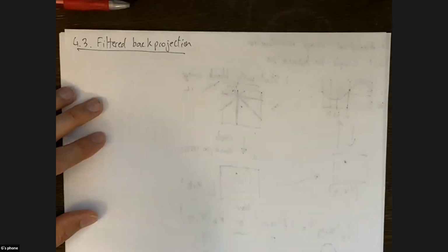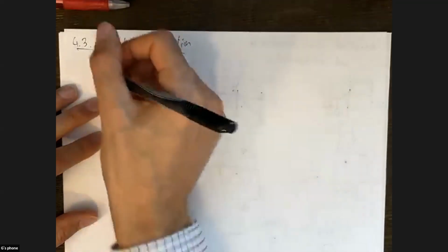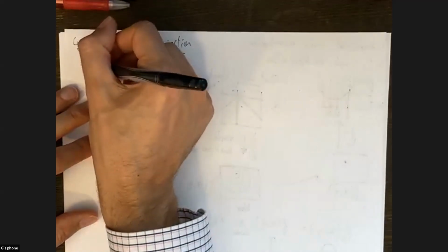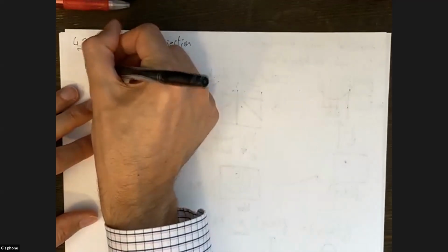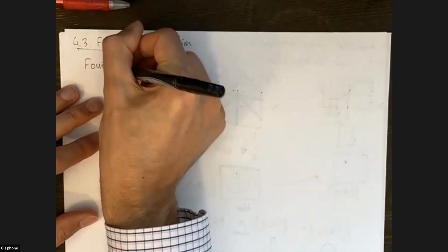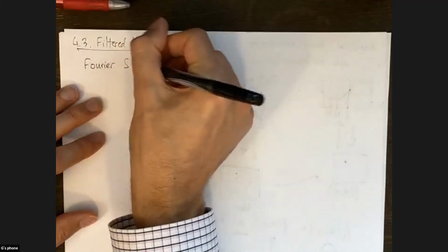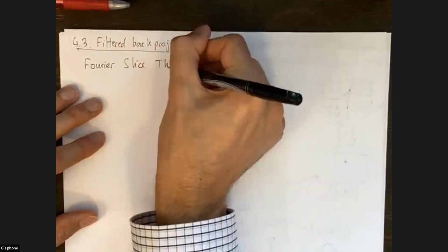How we're going to do that is by looking at the images in the frequency domain. That's why I had the refresher on Fourier transform and frequency domain. And the algorithm that's going to be used to understand the blurring is called the Fourier slice theorem.